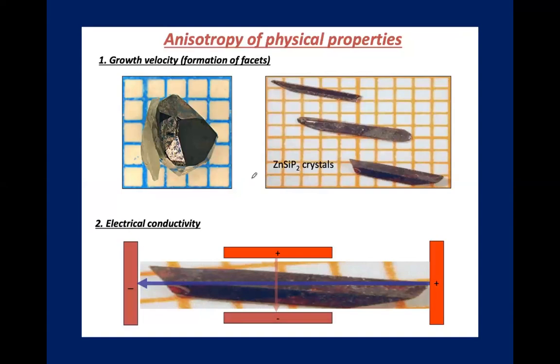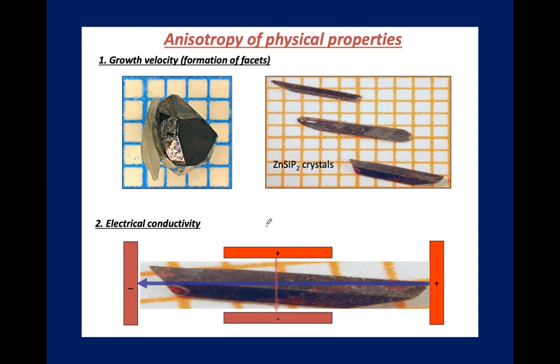And another thing is about the physical properties of these crystals. When we consider physical properties, you should note that the physical properties change depending on the crystal axis also, right?